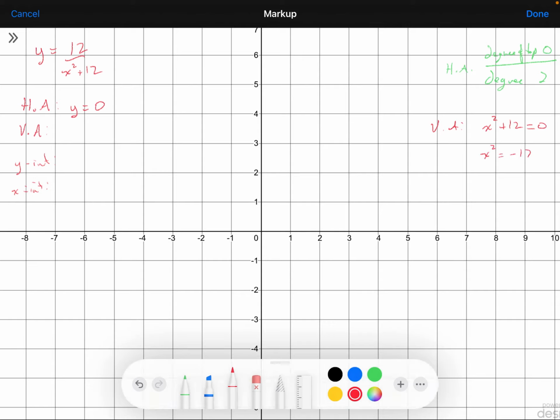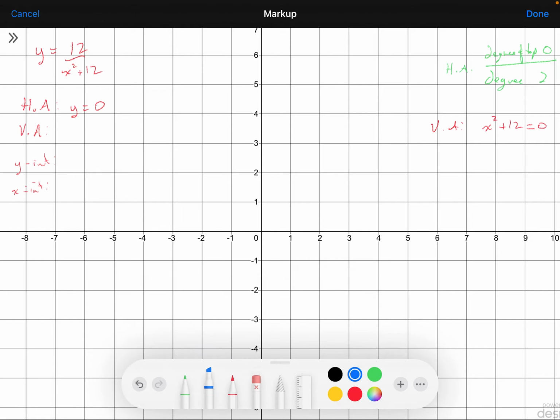You may just jump to the algebra, so x squared is equal to negative 12. You may want to take the square root here, but it's not appropriate because you cannot take a square root of a negative number.